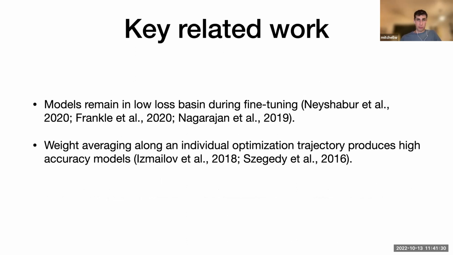Like the fundamental works of Izmailov with stochastic weight averaging, and earlier works which use exponential moving averages. The difference between these works and model soups is that these works average weights along a single optimization trajectory, whereas model soups averages weights across independent runs, which start with the same pre-training solution and may have different hyperparameters and so forth.